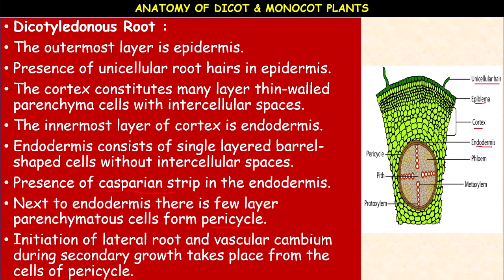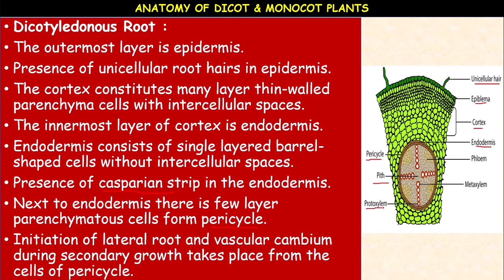It possesses barrel shaped cells without intercellular spaces. There are no intercellular spaces, see here. And the Casparian strips are present in the dicotyledonous roots. Next to the endodermis, there is a layer called the pericycle. This pericycle is the region from where the lateral roots and vascular cambium develop during secondary growth. It also possesses the pith.